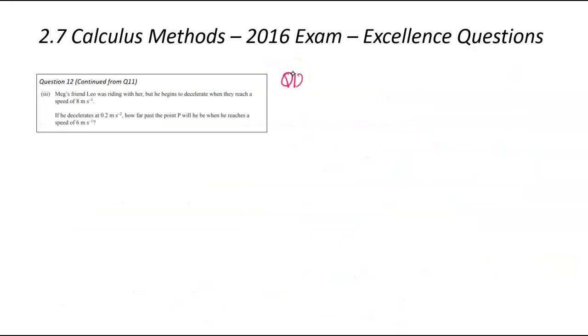Okay, we are now on to question number 12, the final excellence question from this one. And just noting, this question did have a bit of a continuation from the previous question. Hopefully you remember that 8 meters per second was the speed, and she took 35.2 meters to get to that speed.